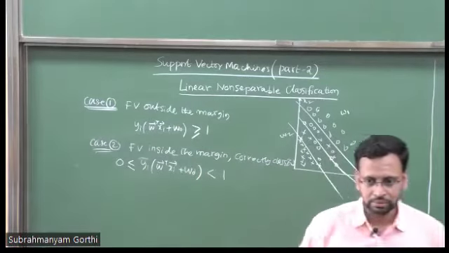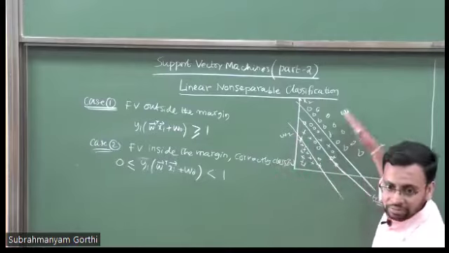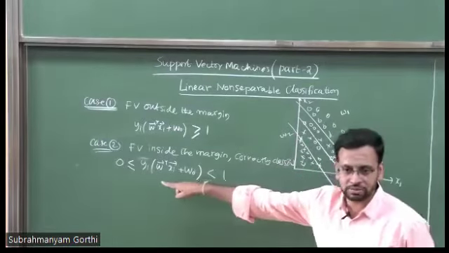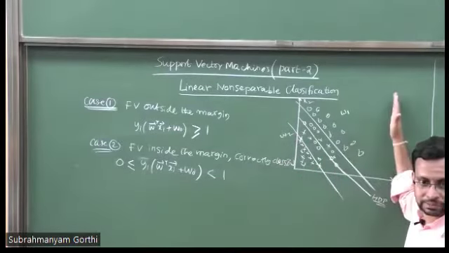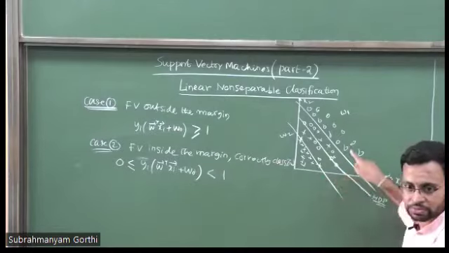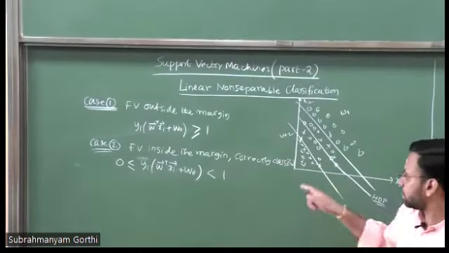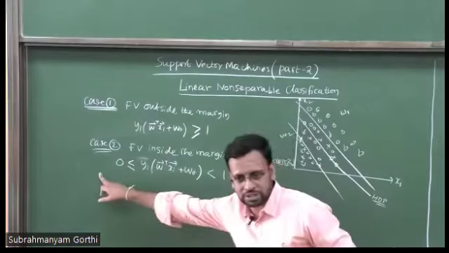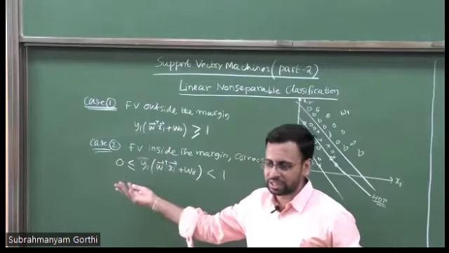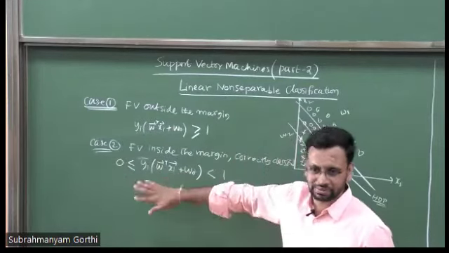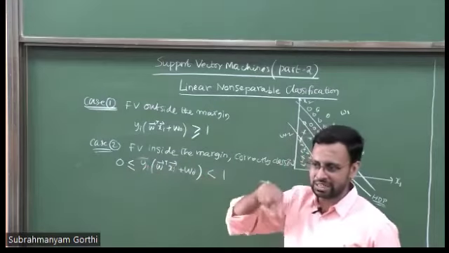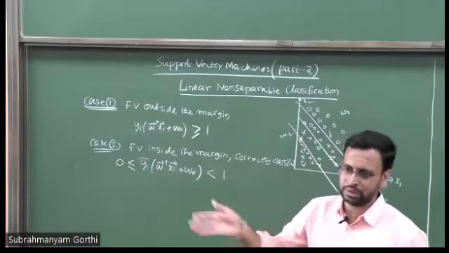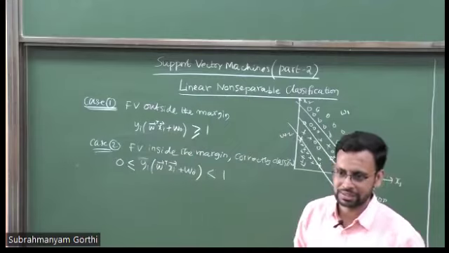Can I write that? Greater than 1 after multiplication with yi on both sides. This is 0, this is 1, in between 0 and 1. And of course, this can be argued. You could put it the other ways, whether it is correctly or misclassified, but you have to put it, it's like a step function. What will you do at 0? You will give to one of those classes, right?